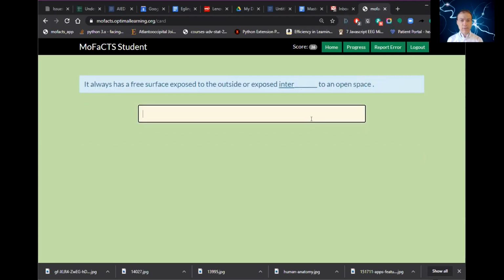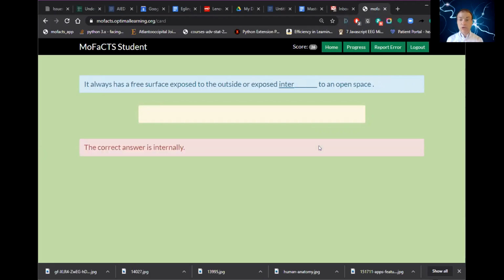It always has a free surface exposed to the outside or exposed internally to an open space.